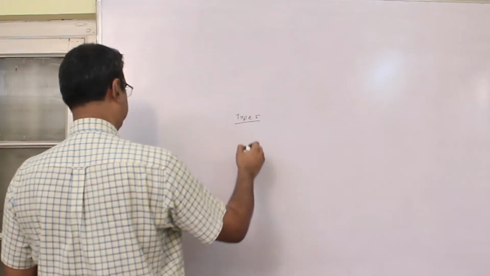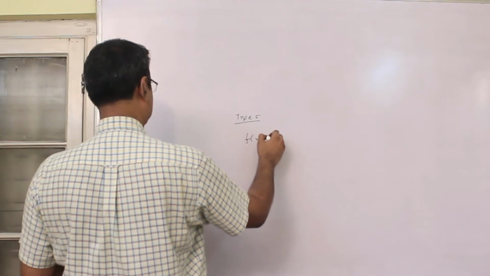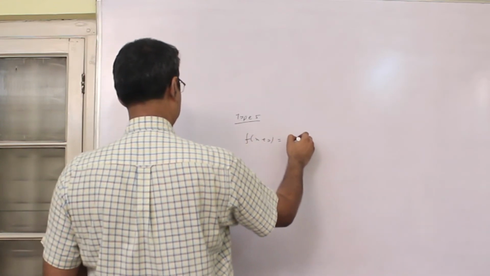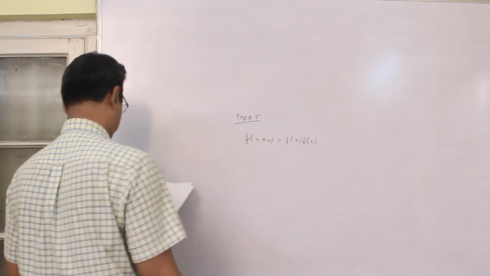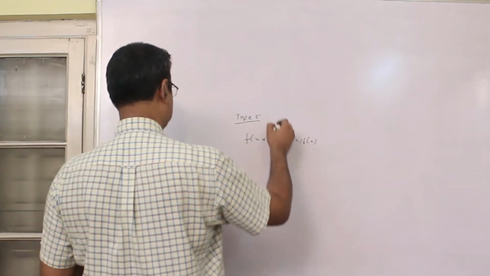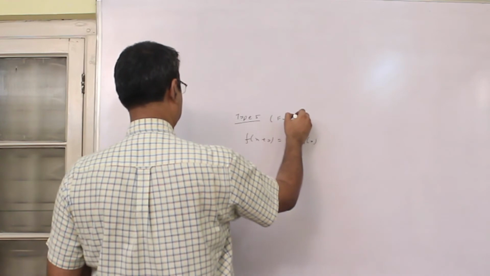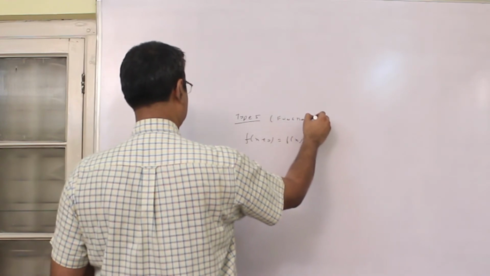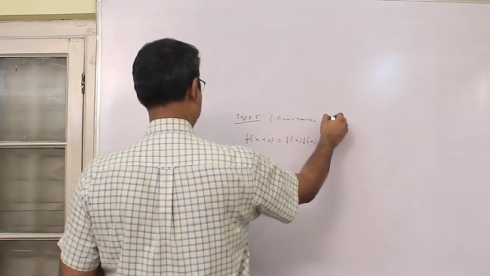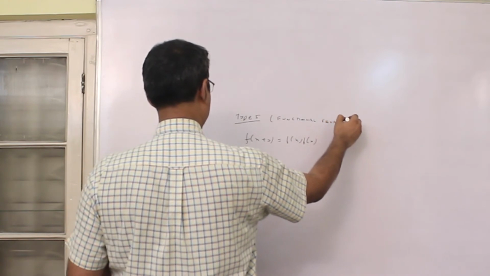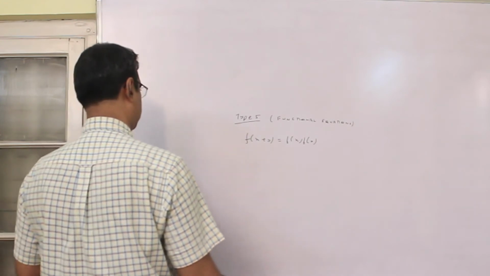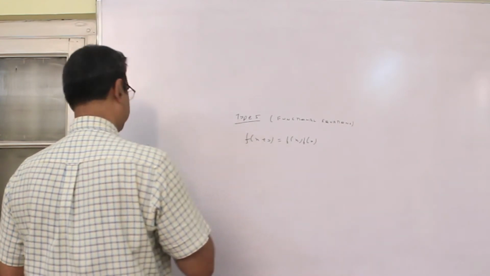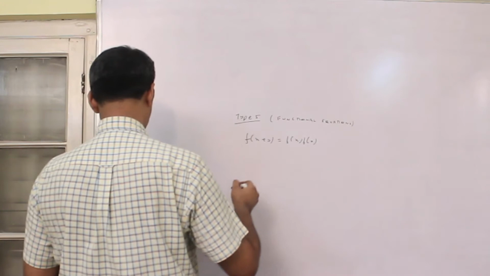Have a look at type 5. Now type 5, this topic is called functional equations. So f of x plus y is f(x) into f(y).